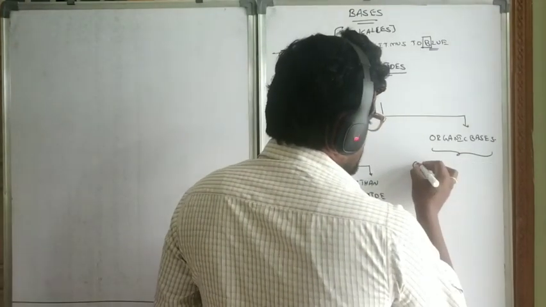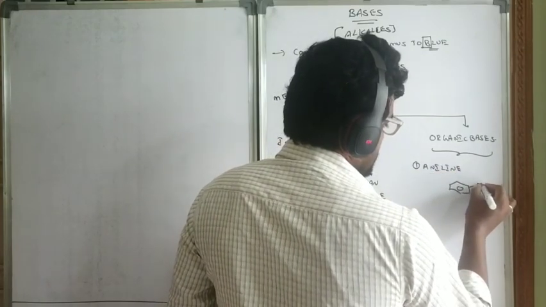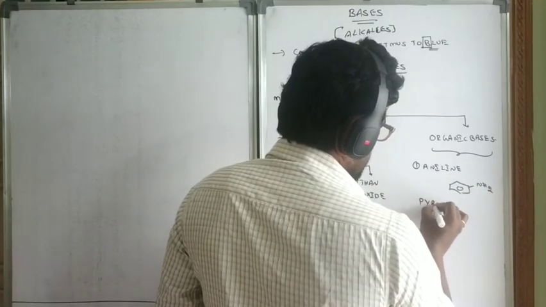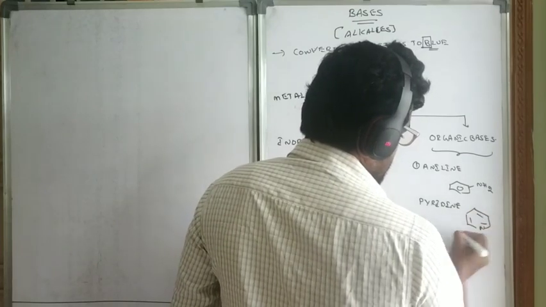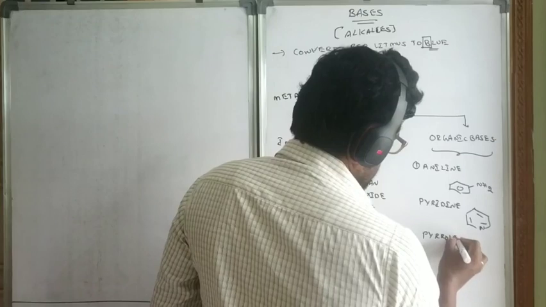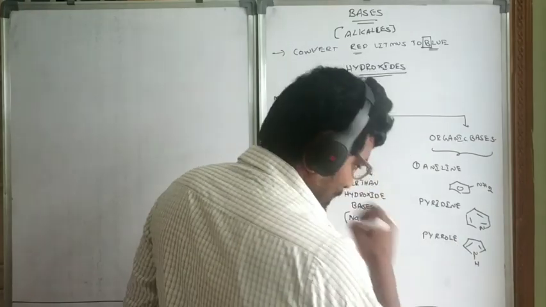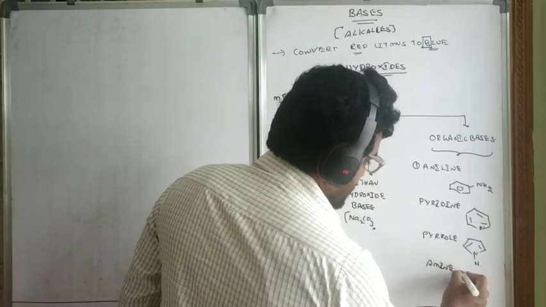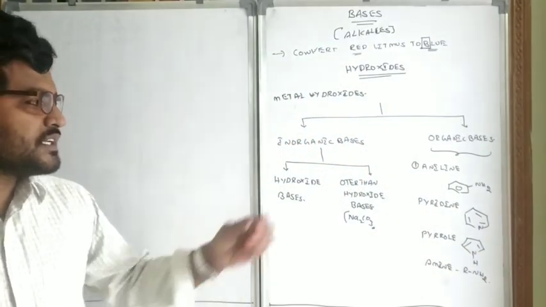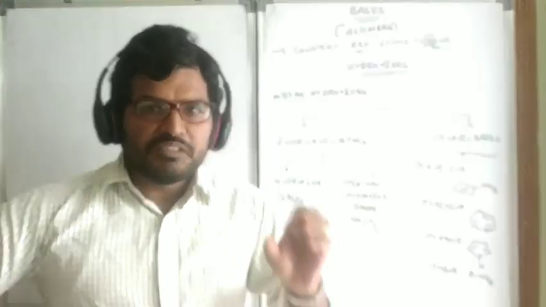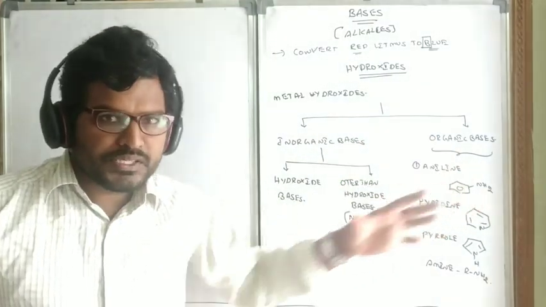Organic bases, the best examples are aniline, pyridine, pyrrole, and then amine, like this. So as we have discussed already, no acid will behave as acid always. In the same way, no base will behave as base always.